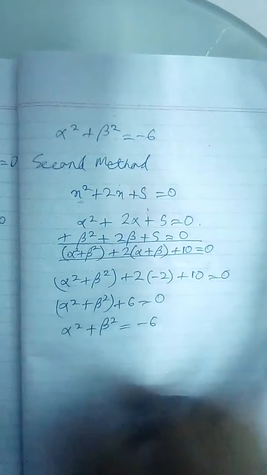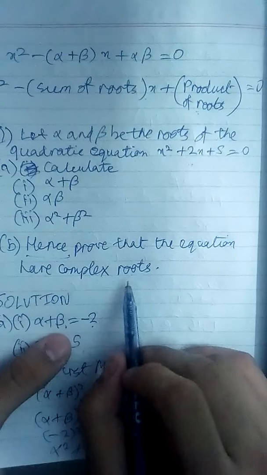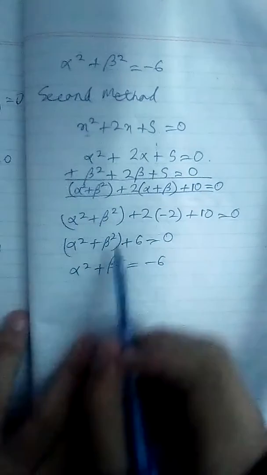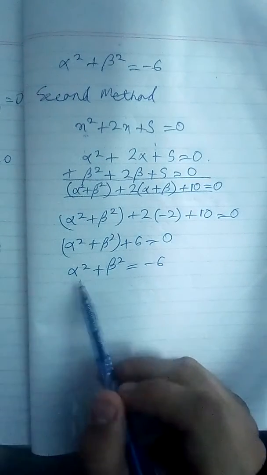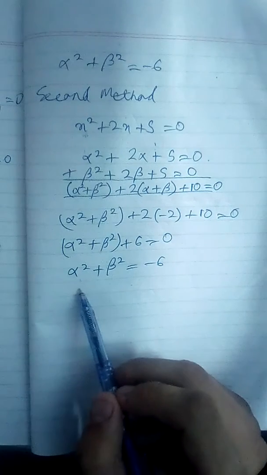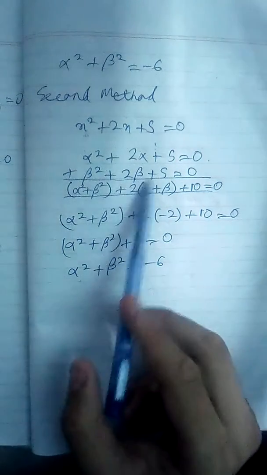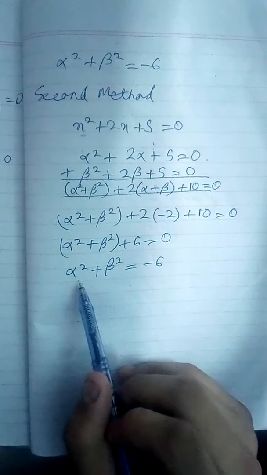Now our second part was: hence prove that the equation has complex roots. The answer is simple. When the roots are complex and the coefficients are real, they occur in conjugate pairs.